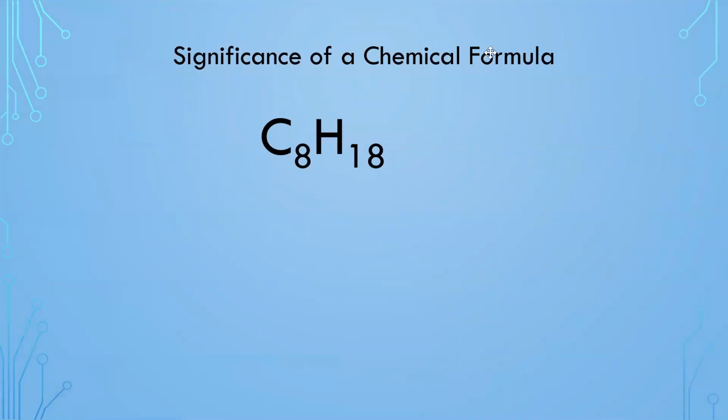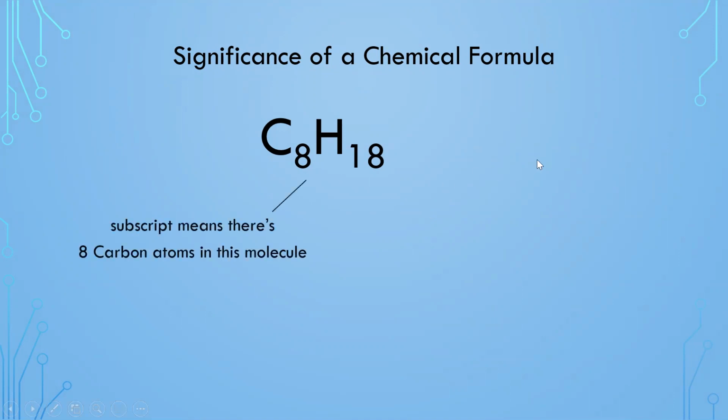You first need to know the significance of a chemical formula. So a chemical formula is going to be element symbols and potentially numbers ranging from 1 to whatever that are called subscripts. So in this case, we have C8H18 would be how you could read that.